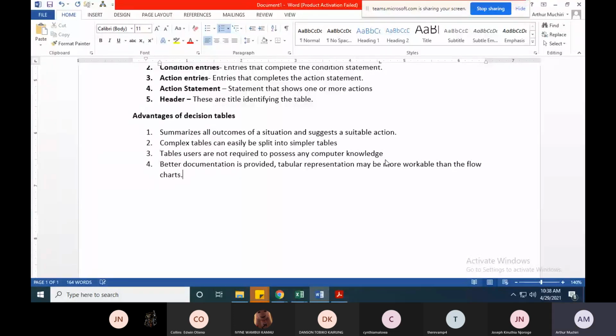So it's much easier for you to understand this than the flowcharts. Another one is the alternatives are shown side by side to facilitate analysis of combination. So those are the advantages.